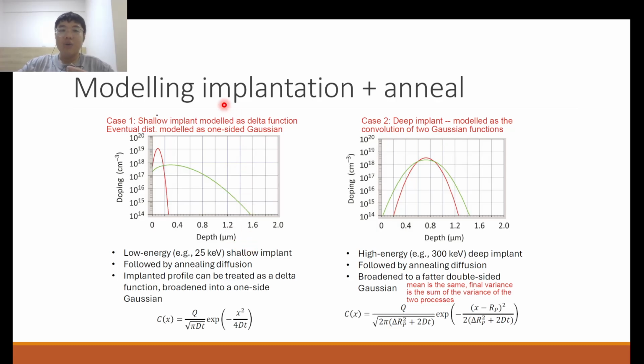So how do we model the implantation and anneal profile after annealing has happened? Let's consider the first case where we have a shallow implant. The red curve is the distribution of dopants immediately after implant. It's very narrow and approximately at x equals 0.